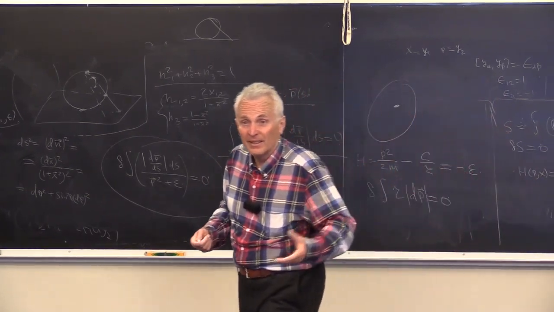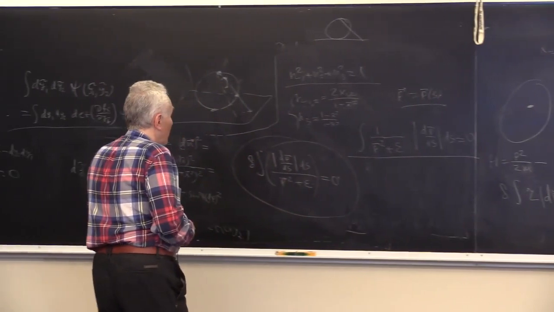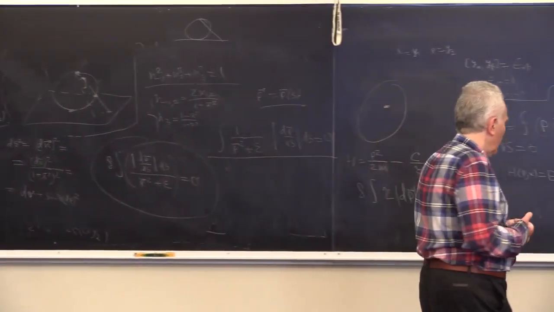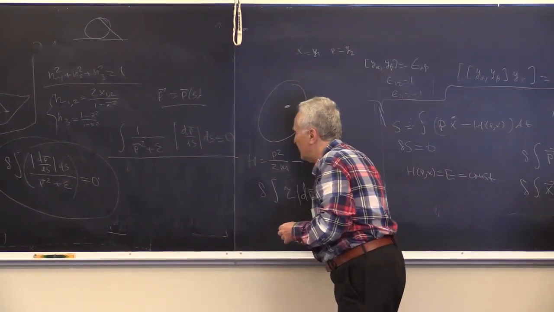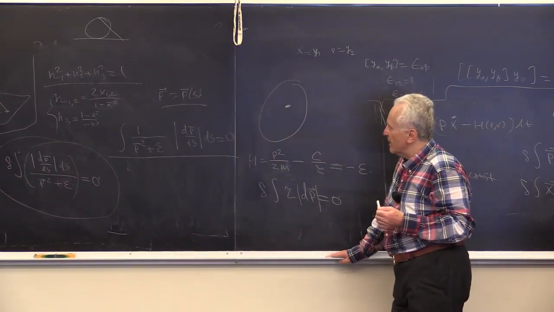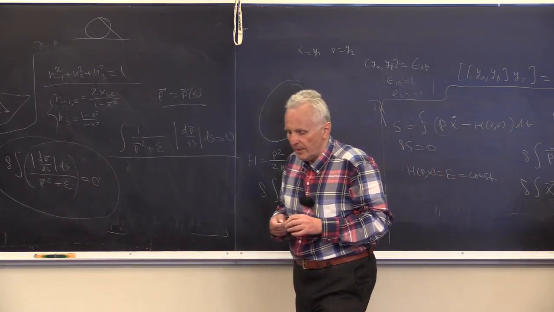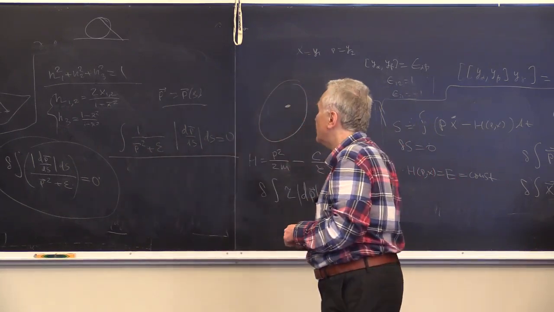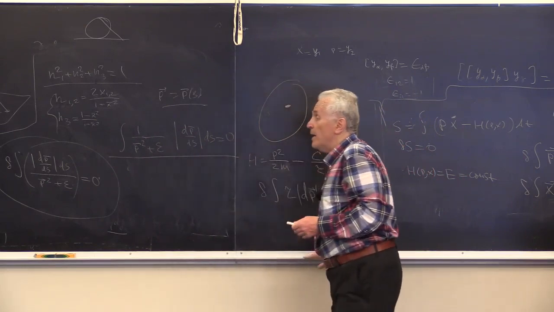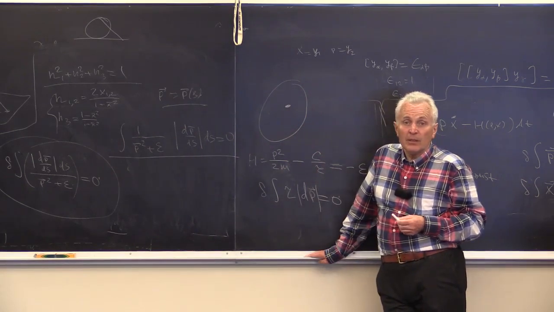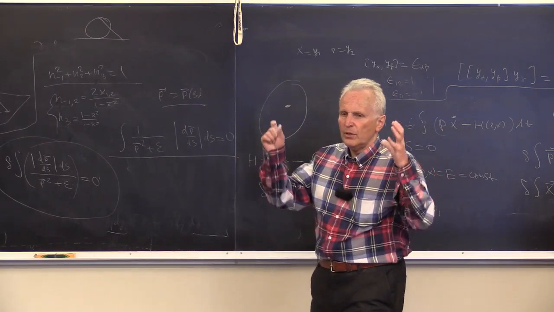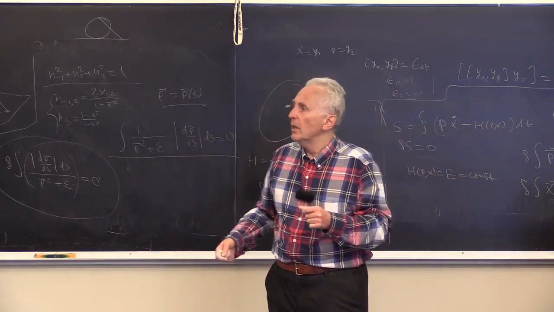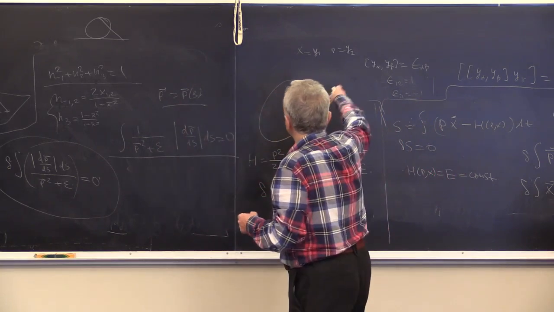Big circles. So now we can answer the following question. Suppose we have a planet moving around the sun. Why is the trajectory closed? Generally speaking, you would expect that the trajectory is not closing.